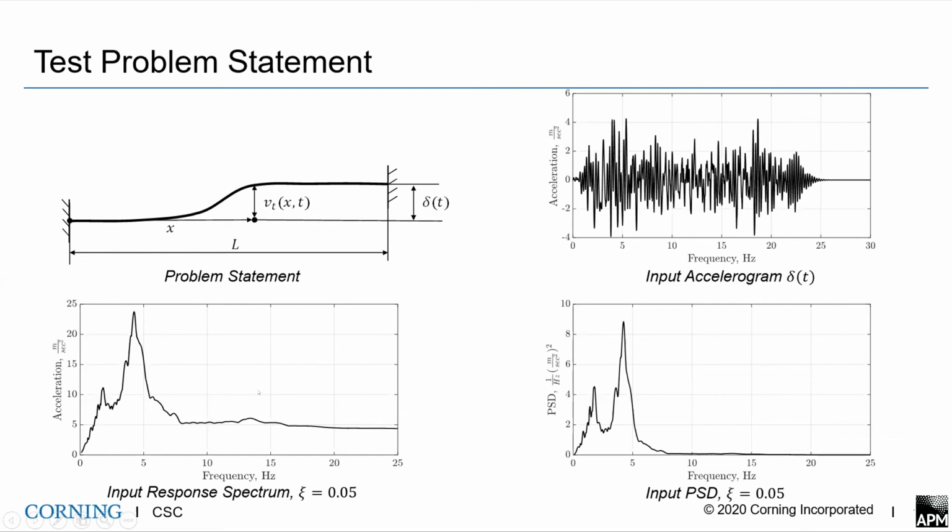looks like this. As we can see, main peak of the input accelerogram corresponds to 4.3 Hertz frequency. Beam first natural frequency was chosen equal to 4.5 Hertz to consider method performance in near resonance conditions.